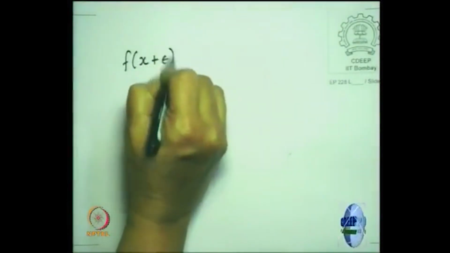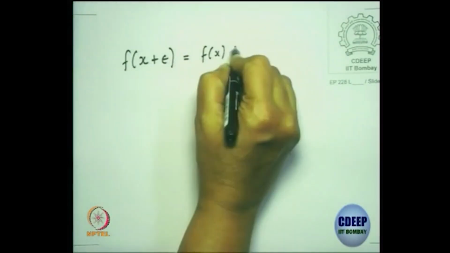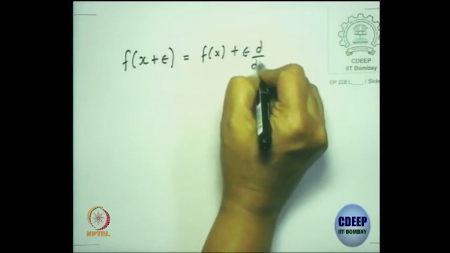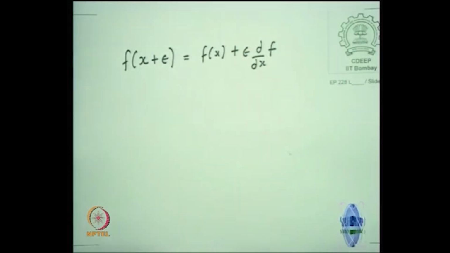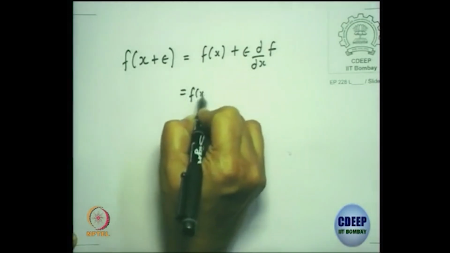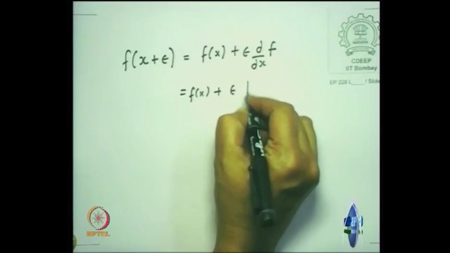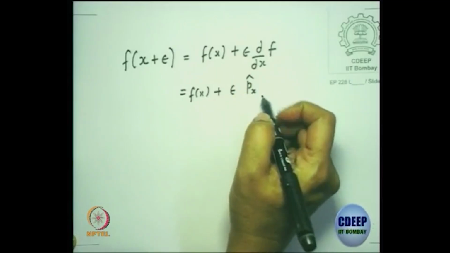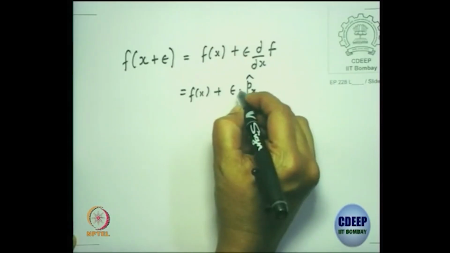Suppose you want to take a function f of x plus epsilon. This is translation. I can write it as a Taylor series, right? Is that correct? An infinitesimal translation can be written for any function this way. But now I can rewrite this as f of x plus epsilon del by del x, and I will try to write it as a px operator. What do you have to do?